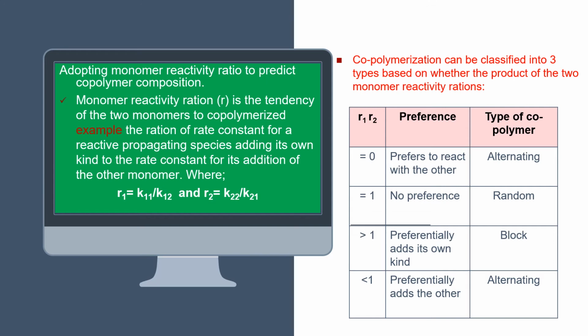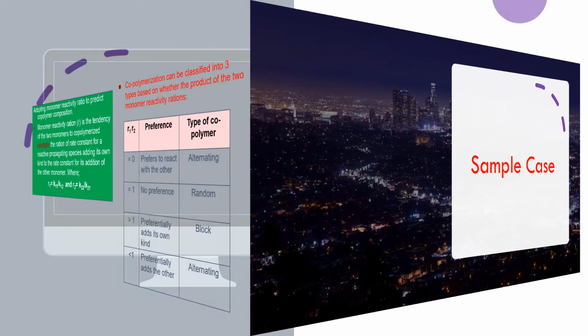And if the value is lower than 1, each preferentially adds the other one, so it will produce an alternating copolymer. So we proceed with these sample cases to make sure you understand more.